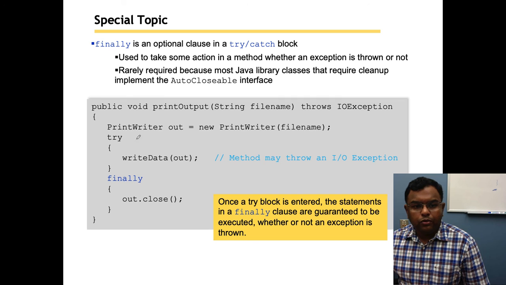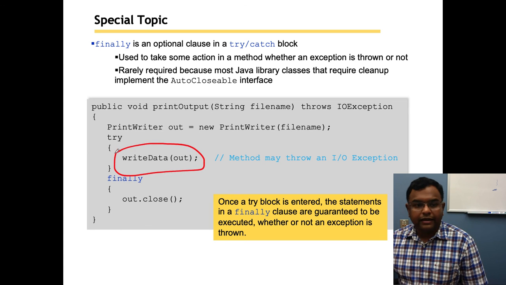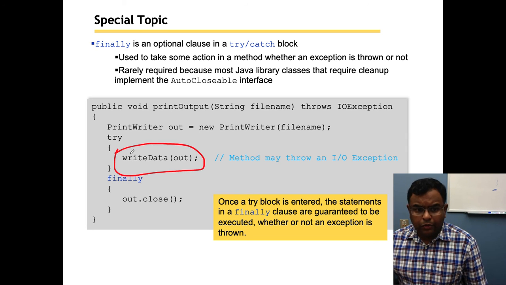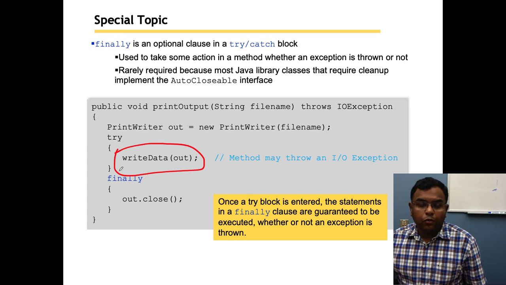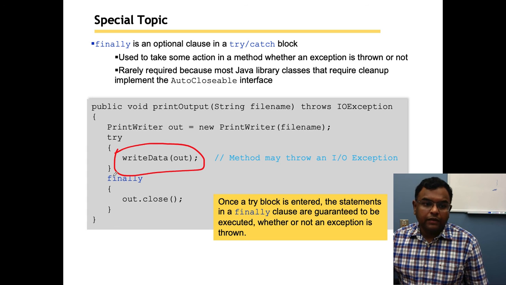Sometimes we try to do try, catch, and then finally. Let's say we are writing data. If there is a problem in the try block, then it will come to the catch block. And whatever happens, either you are done with writing, you are not done, or you got an exception, regardless of whether it went to the catch block or not, the finally statement will always be executed.